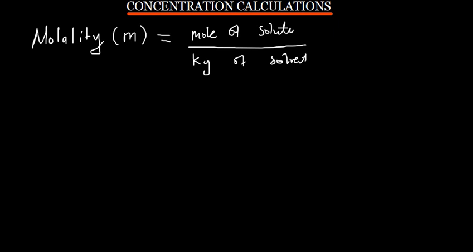So instead of saying mole over volume, it's mole over mass. That's the difference. This one is given as small m, and it is given by number of moles over mass. I can't use m for mass as well, so I'll just write it as mass. Therefore the unit for molality is moles per kg.